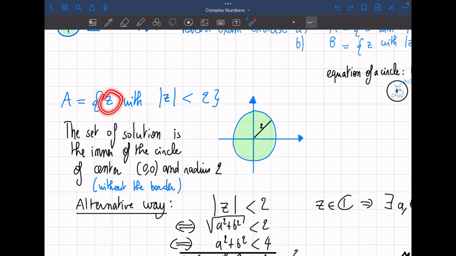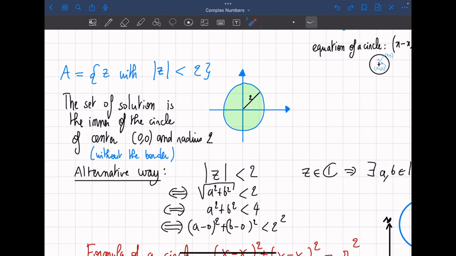So we are looking for the complex number that verifies that the length is less than 2. So I just drew a circle around 0, radius 2, and I could read it directly. There is another way of doing it, which is to say that this actually means that the square root of the real part squared plus the imaginary part squared is less than 2.